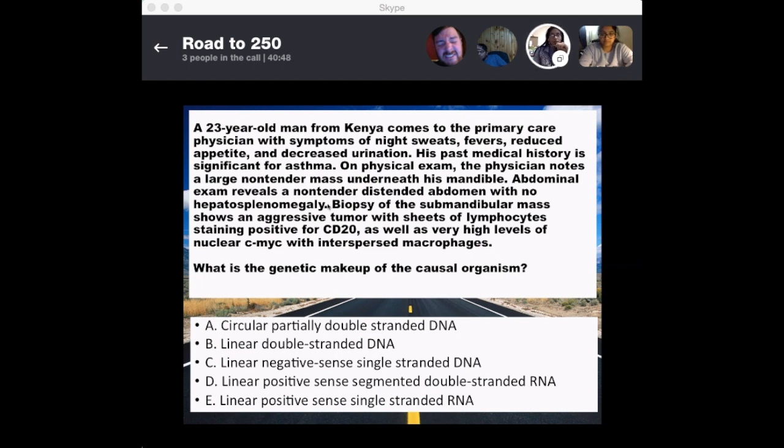Abdominal exam reveals a non-tender distended abdomen with no hepatosplenomegaly. A biopsy of the submandibular mass shows an aggressive tumor with sheets of lymphocytes staining positive for CD20, as well as very high levels of nuclear c-MYC with interspersed macrophages. What is the genetic makeup of the causal organism?